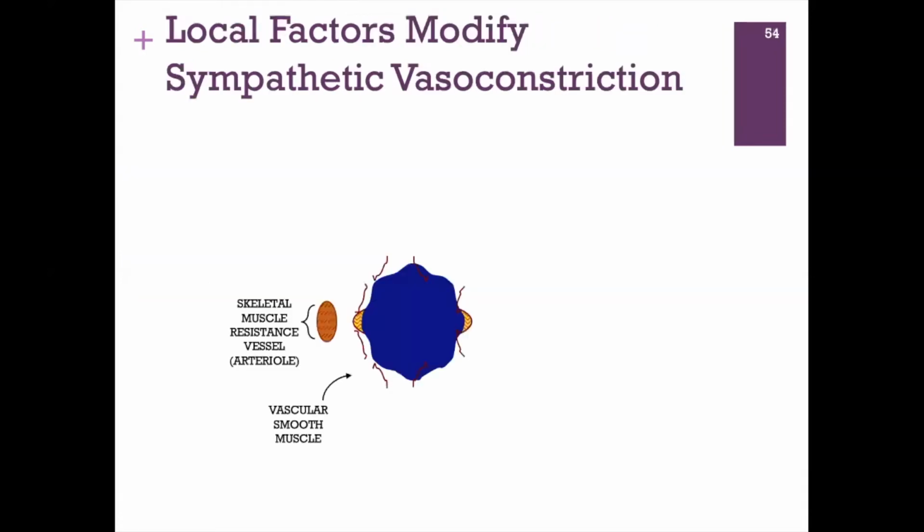So let's take a look at what's happening at the level of our vasoconstrictions. We talked about how when we are increasing our sympathetic activity, we are vasoconstricting in the area. Through our sympathetic activity, we are increasing our sympathetic nerve impulses.